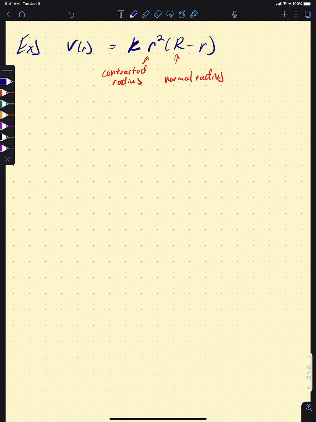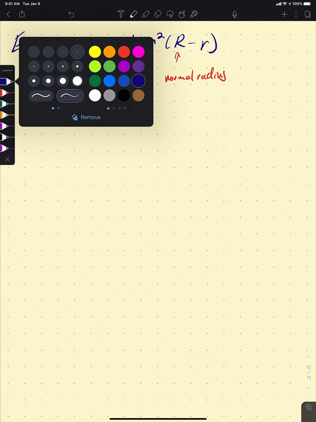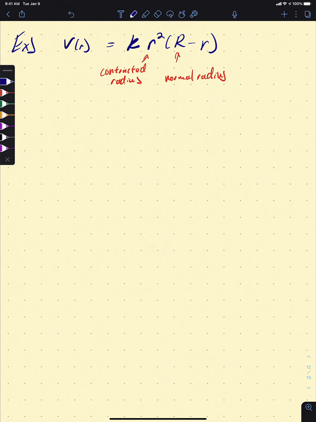And then all of a sudden, this is an optimization problem. And we can look for what's going on. We can first think through our domain. Well, the smallest that r could get would be 0.